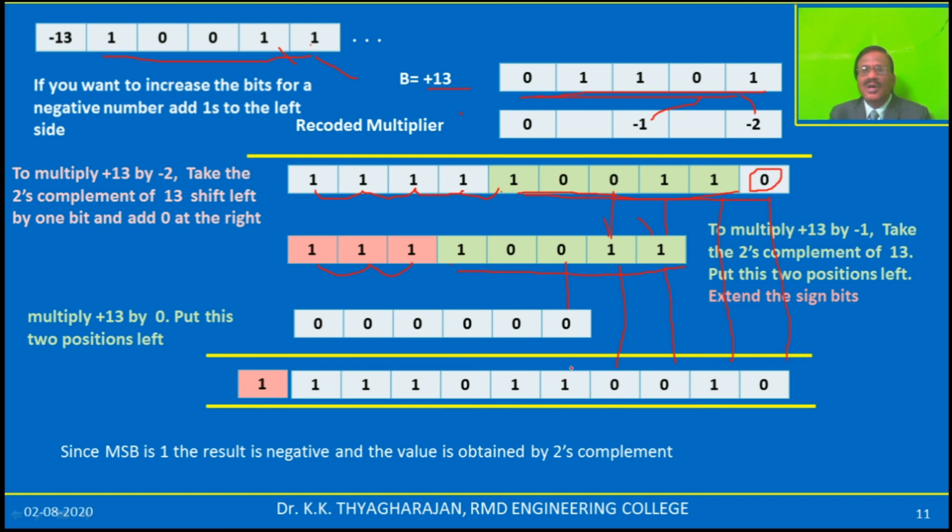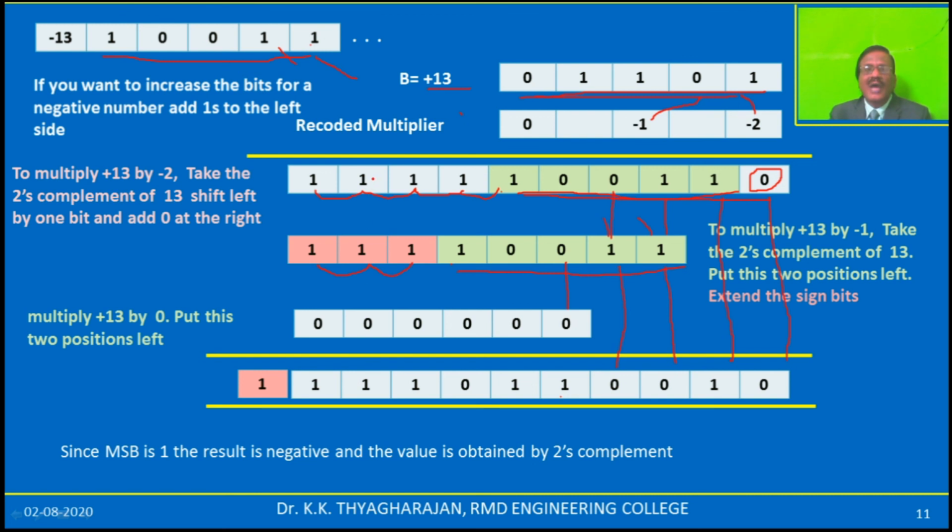So all zeros plus 1, you will get 1 here. Then here you will get 1. Here 1 plus 1, 2, that means 0, and you will have a carry. And that carry will be added with these two ones. So 1 plus 1 plus carry means 3. So 3 means you put 1 here, and there will be a carry also.